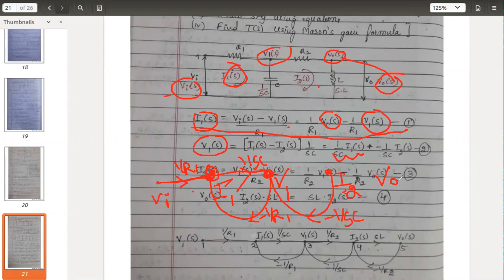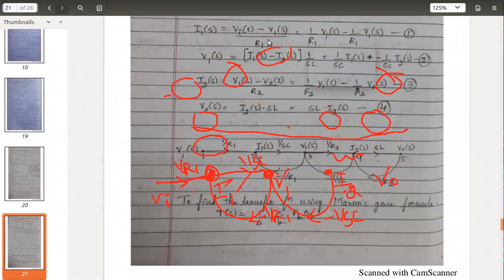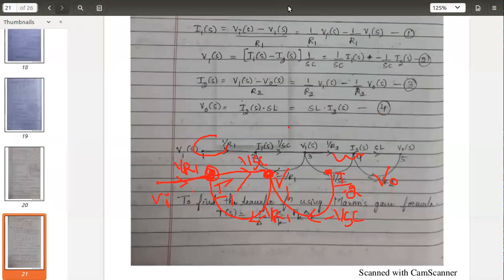Coming to the third equation, hope it is visible to you. Let me scroll it so that it will be visible to you. Yes, the third equation. According to the third equation, I2.